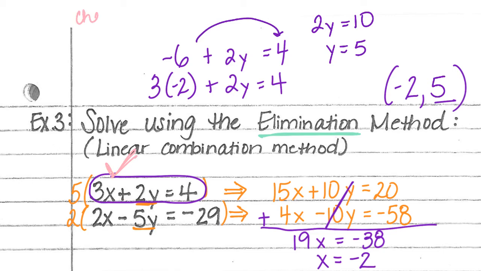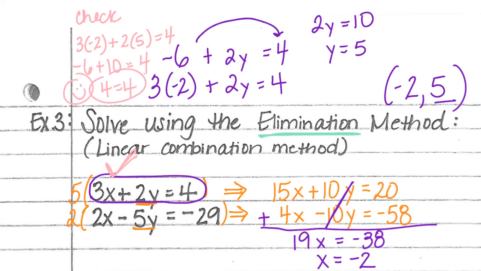So I'm going to check my work by plugging in negative 2 for x and 5 for y. 3 times negative 2 is negative 6. 5 times 2 is 10. Is that equal to 4? It sure is. Always a good idea to check our work.